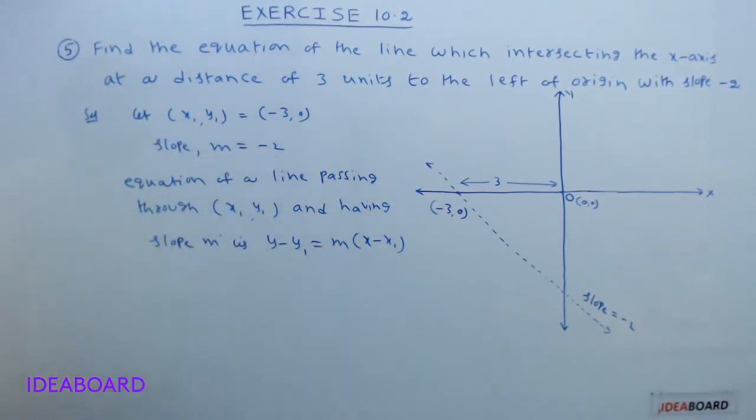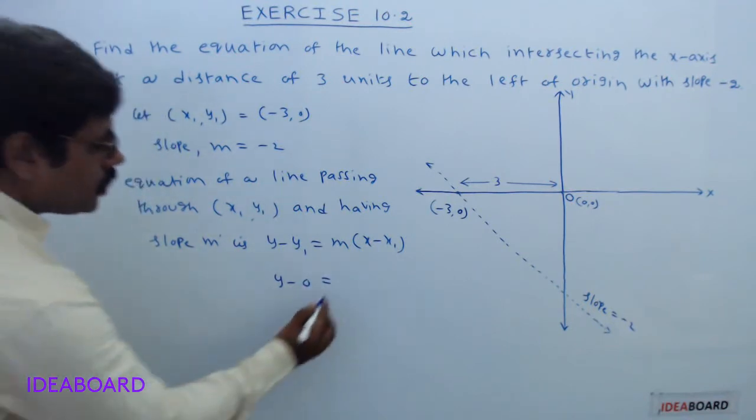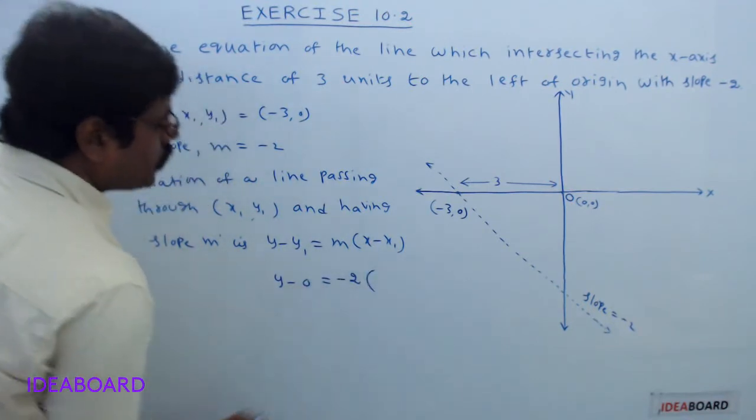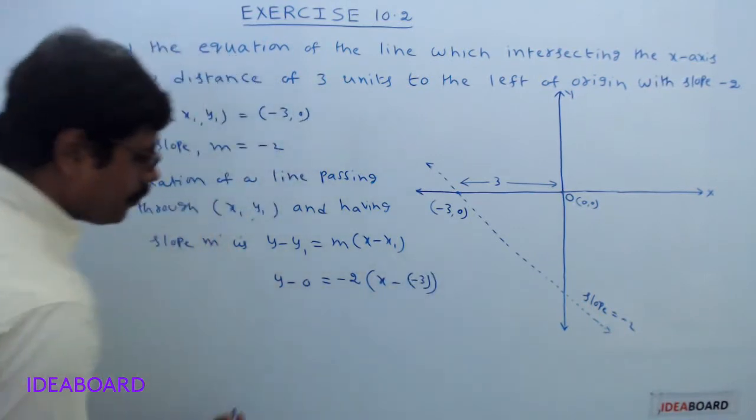Substitute the corresponding values in this formula. Y minus y1, y minus 0 equals m value -2 into x minus x1.